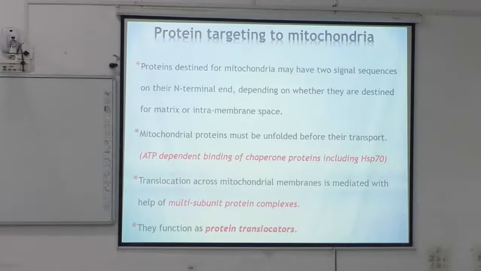Now, not all the proteins are destined for the matrix of the mitochondria. Some are destined for the inner membrane, some for the outer membrane, some for the intermembrane space, and some for the matrix. So there is a difference. How is this differentiation maintained?